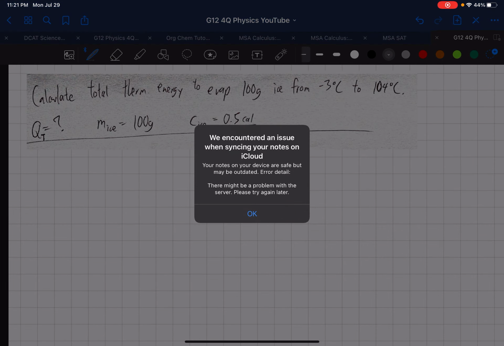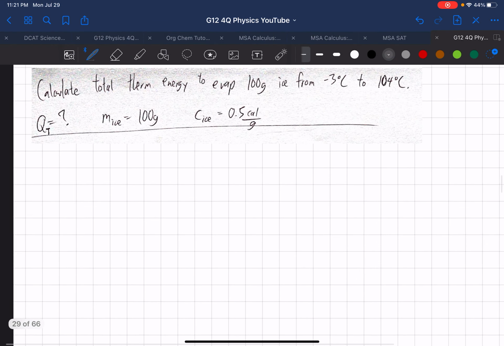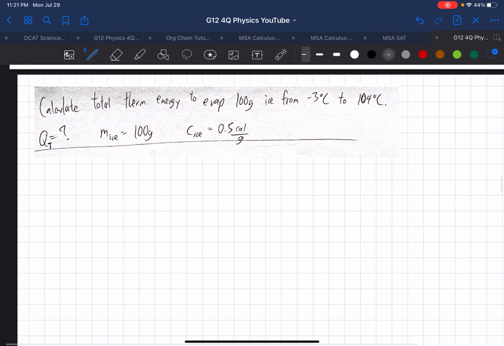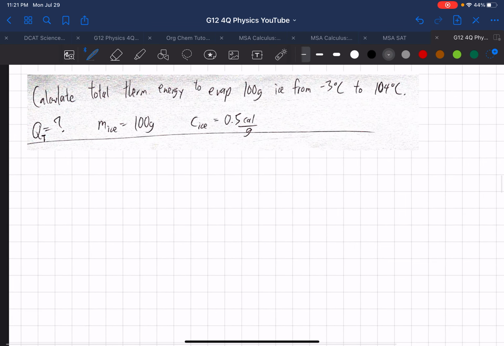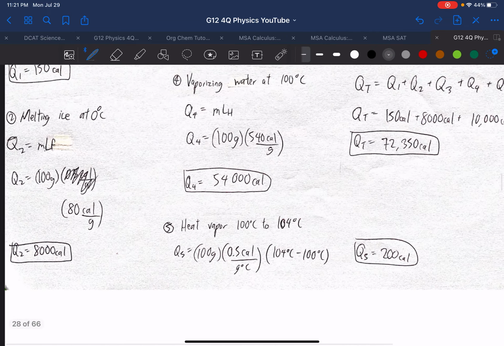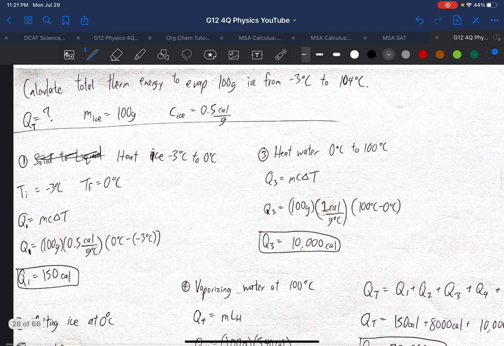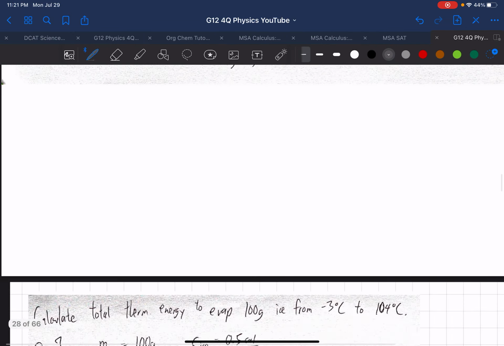So, oh frick, what is this? Not again. Anyways, where do we start? Okay. So I think we have 5 steps here. The first step is from solid to melting point.